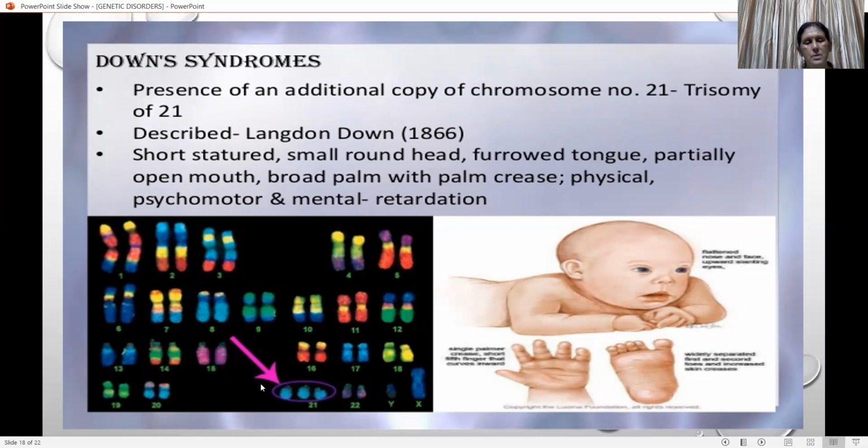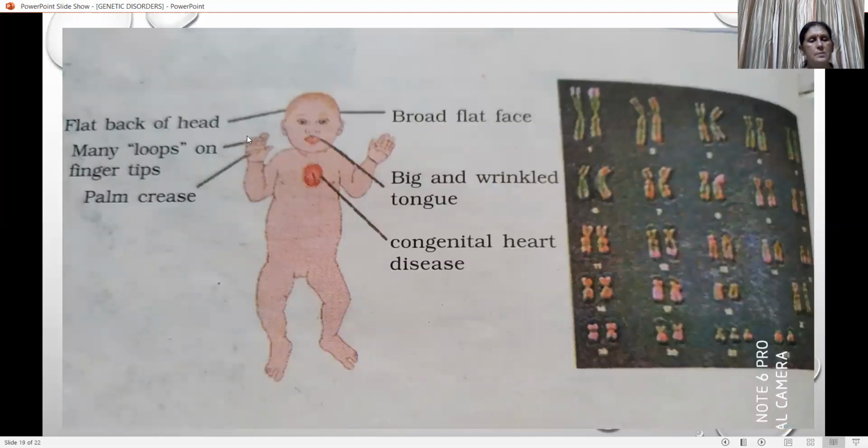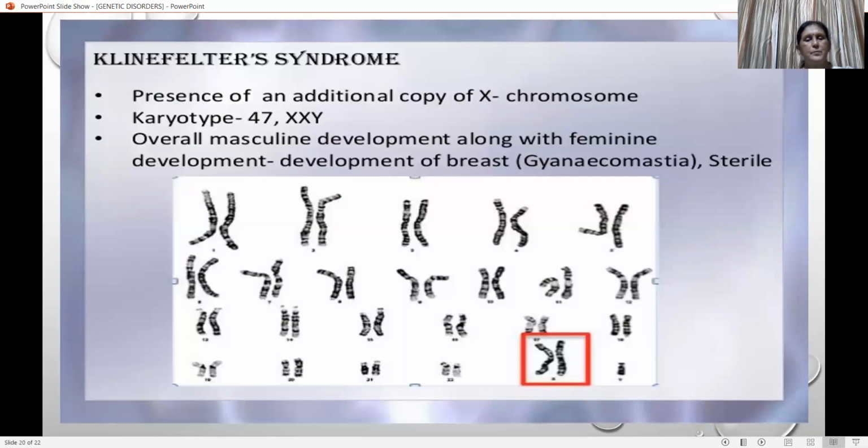So it is called trisomy 21, and due to this, these symptoms appear. From the textbook, also: flat back of head, broad flat face, many loops on fingertips, palm creases, short palm, big and wrinkled tongue, and congenital heart defects. The heart is very defective, and it is also called trisomy 21.